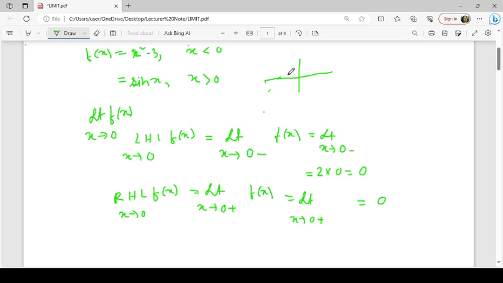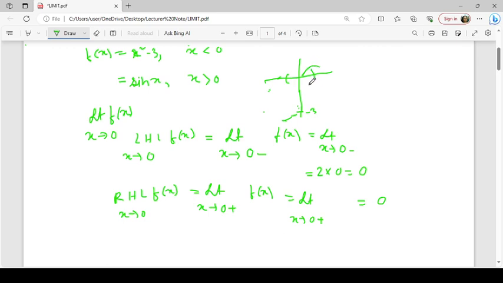This is the neighborhood, and it is minus 3 somewhere here. So this approaches like this. This is the point minus 3, and when x is greater than 0, the sine path is like this.